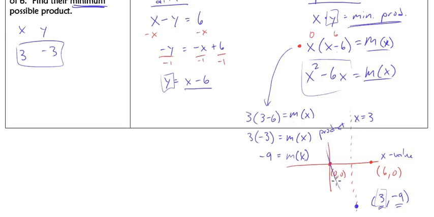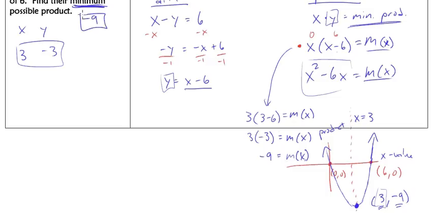And just to be really explicit with it, our graph would look something like this, and our minimum is at 3, negative 9. So here's the two numbers that would give me that minimum possible product. It says find what that minimum possible product is, and it would be negative 9.